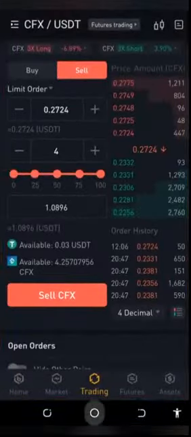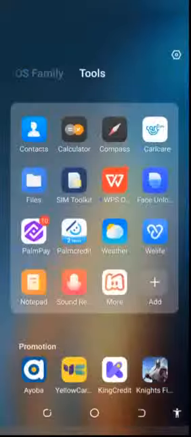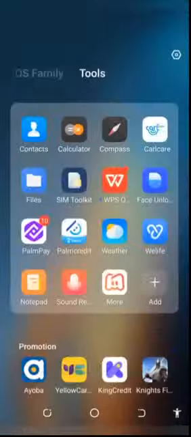Okay, this is supposed to be $1.16, but it's giving us less.